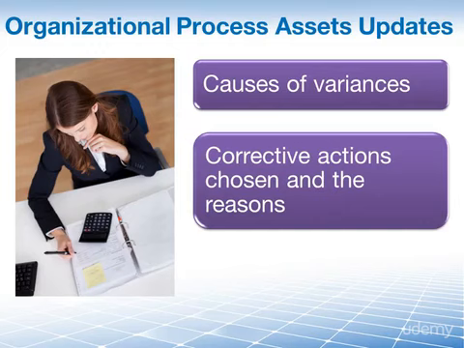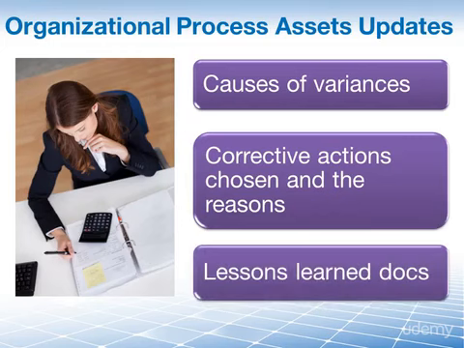And what type of asset, you ask, might this be? Well, we're talking about lessons learned documentation here. The variances, the causes, and the actions taken all become part of the lessons learned documents, and they may and should be used by future projects and by our own project as a reference.